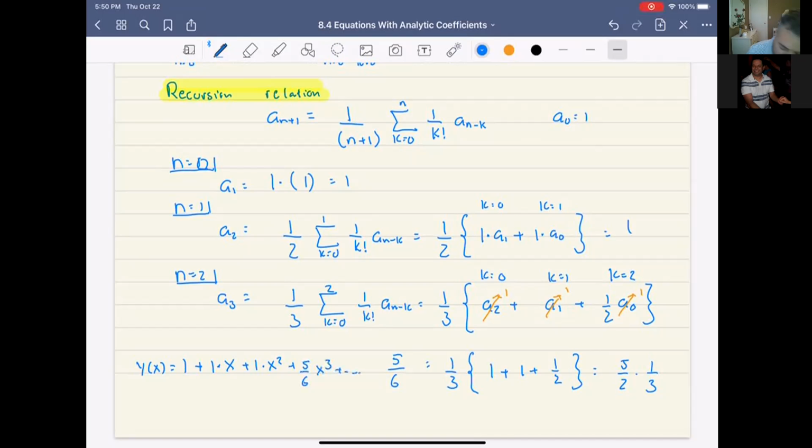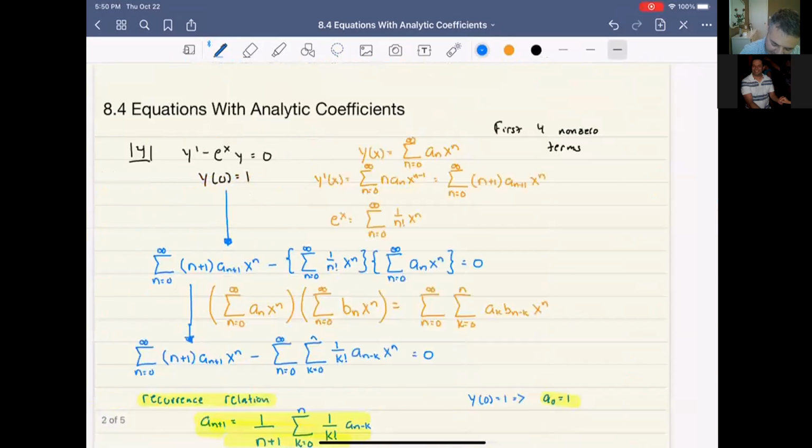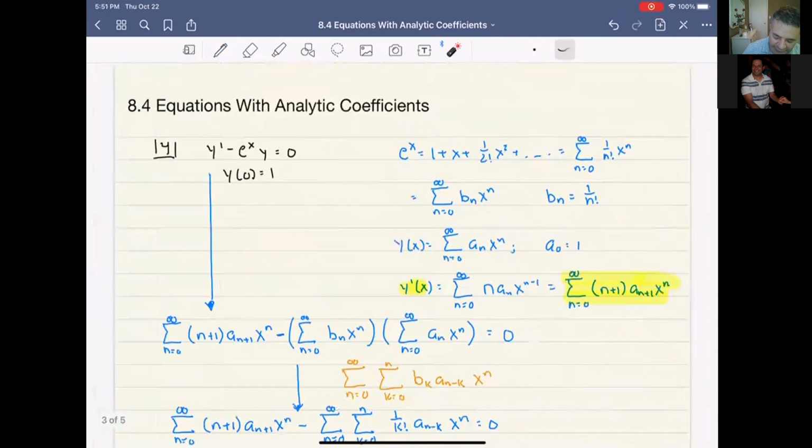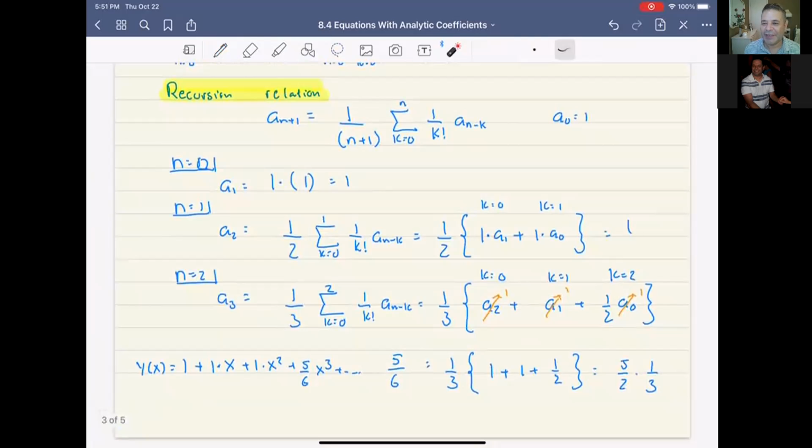And I could keep going. Let me just check that's what I got yesterday. Yep, I had one more term yesterday. Okay, but I'm going to show you guys even better. It may be harder, but we can actually do some of this work with Sage, of course. Let me show you how that works out for us.